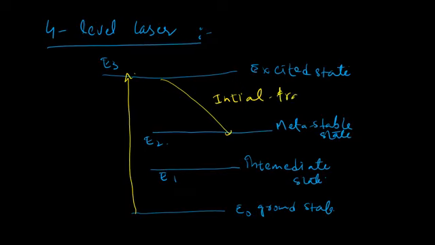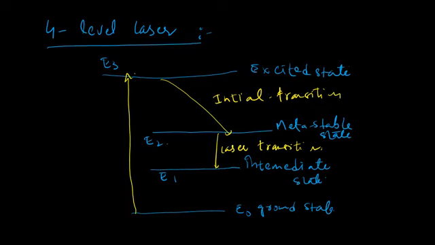Then from the metastable state comes the laser transition, that is, the amplified light transition, as the metastable state is the most populated state. The laser transition goes from the metastable state to the intermediate state.